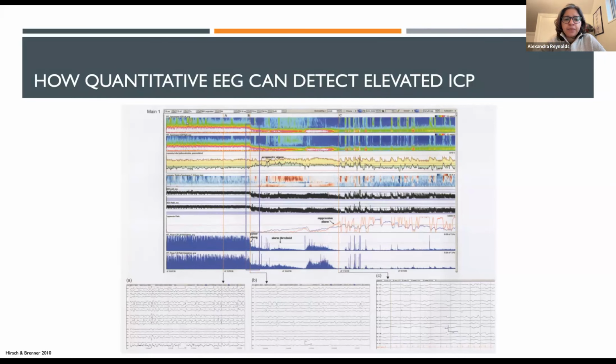Obviously, severe metabolic derangements can affect your EEG and cause things like slowing and suppression. Sedation certainly can, and there are a bunch of patients where they may have elevations in ICP despite significant sedation. And so this isn't really a cure-all, but it is something that can be used in conjunction.